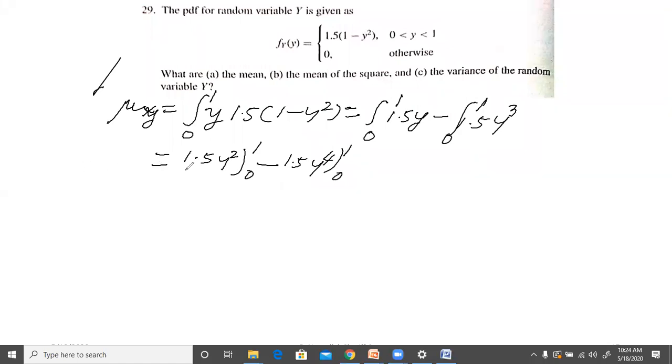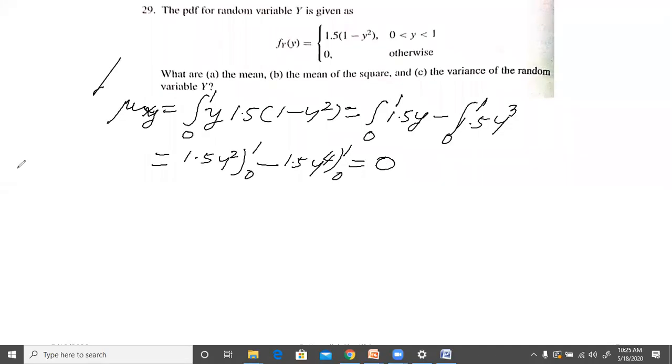You will get y square is 1 square minus 0 square, y to the power 4 is 1 to the power 4 minus 0 to the power 4. Either way this will be 1 and this will be 1, and therefore 1.5 minus 1.5 gives 0. So the mean for this will be 0.